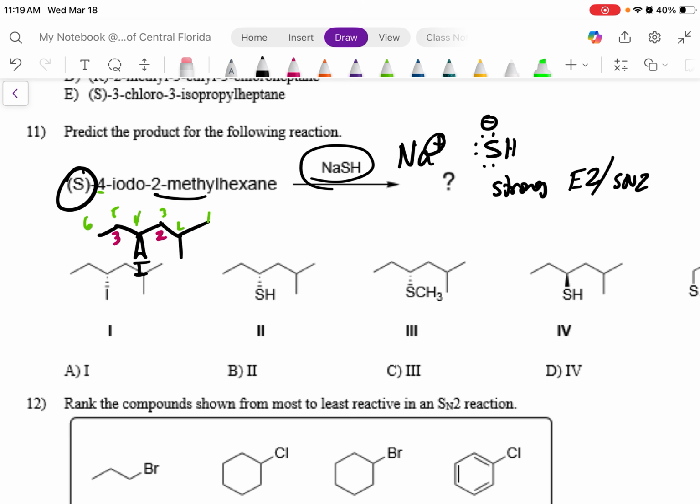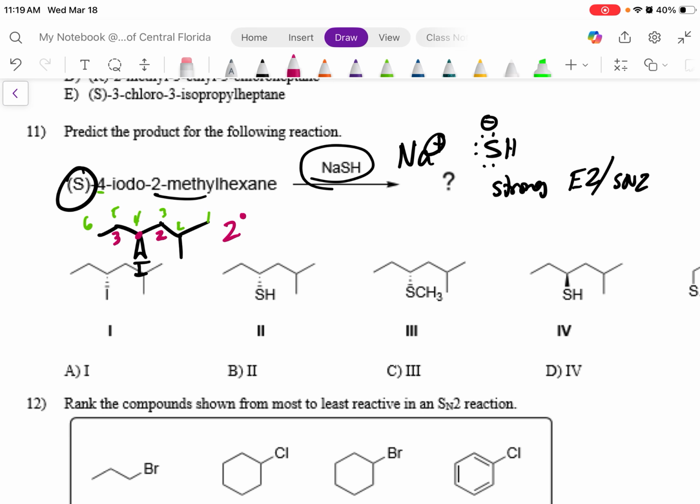The alkyl halide right here is a secondary alkyl halide, which favors all 4 mechanisms. The carbon that it's attached to is sp3 hybridized, so it can do a reaction. There's nothing about solvent. There's nothing about heat.